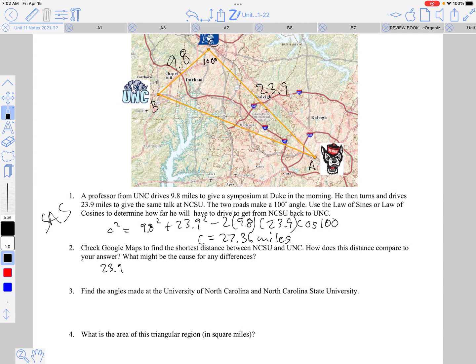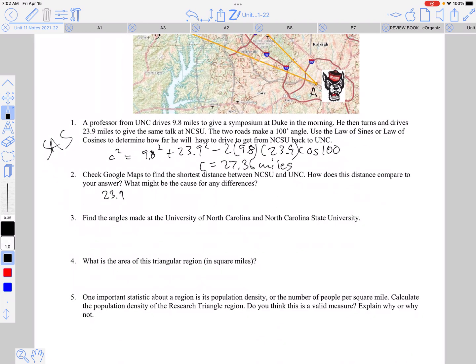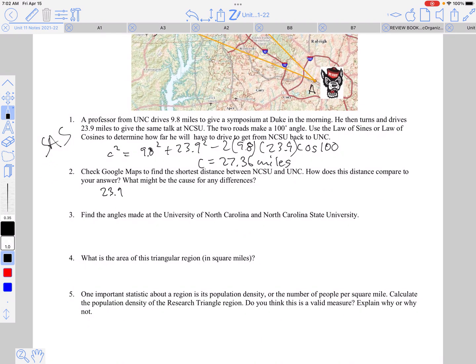So it's not the real triangle, so that's why it's off a little bit. Anyway, so really close, but because I used the actual driving distances and not a real triangle, the roads aren't exactly matching up. But anyways, we got to use the law of cosines.